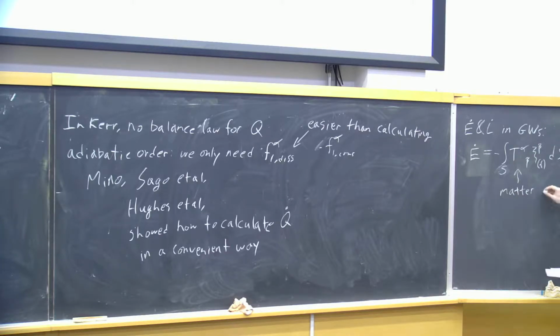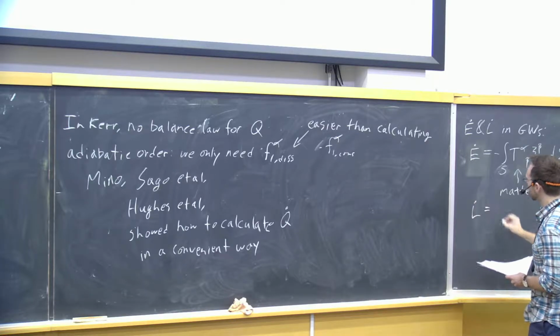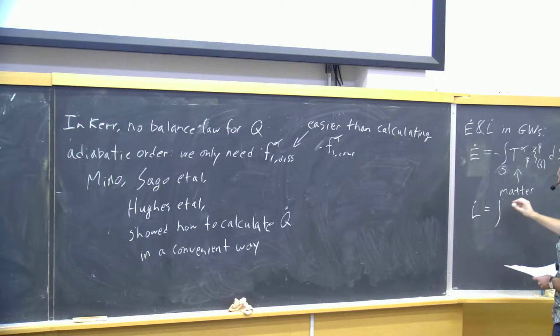Then the question is, well, let me write a similar expression for L dot. Here there's no minus sign, and you end up with T, well, I'll start with the covariant expression. So this is the time-like Killing vector, this is the azimuthal Killing vector. And simplifying this, we get, there's an f here as well.